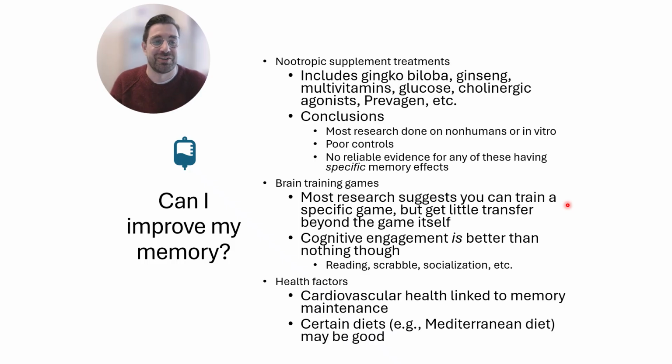So we get better and better at brain games, but the transfer of that ability to memory more generally is pretty weak. Like, it doesn't necessarily help you remember people's names or remember your grocery list or do better in school necessarily. You kind of get better at the game. So the transfer effects are a lot weaker than they are for the direct effects. So that's a little rough.